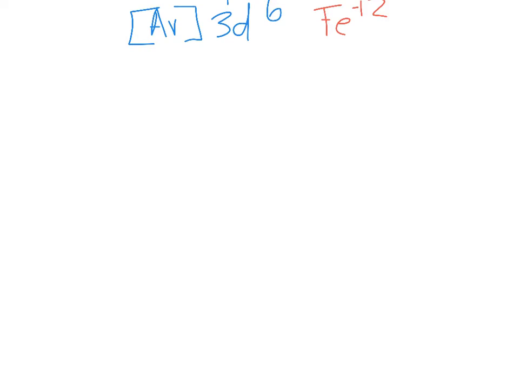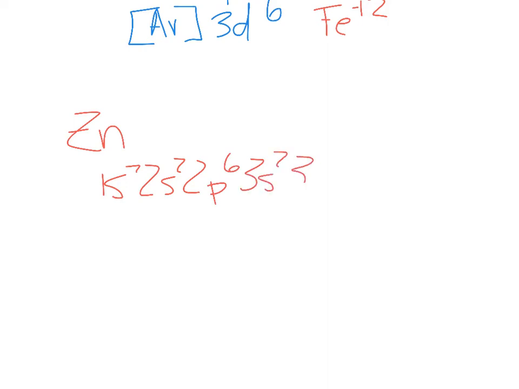Okay, so let's do the electron configuration for zinc. So zinc always forms a plus 2 charge. For the neutral atom of zinc, it would be 1s2, 2s2, 2p6, 3s2, 3p6, 4s2, 3d10.